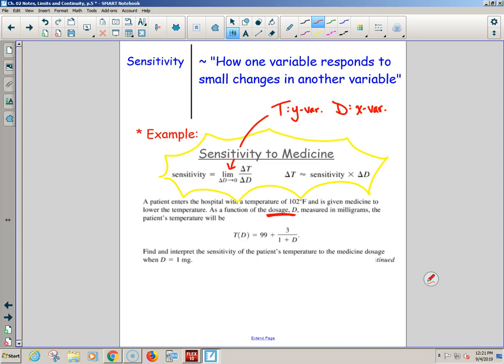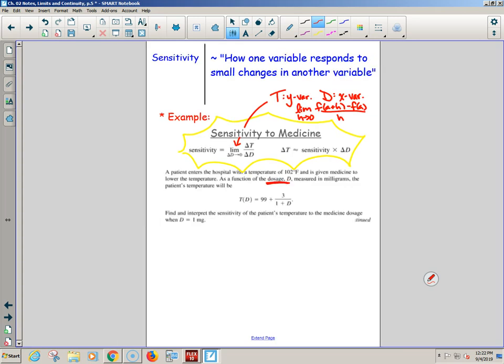If this is a derivative, we have a definition of derivative, we can say the limit as h goes to 0 of f of a plus h minus f of a all over h. How do we apply that to this problem if we were doing it the non-derivative way, the limit way?